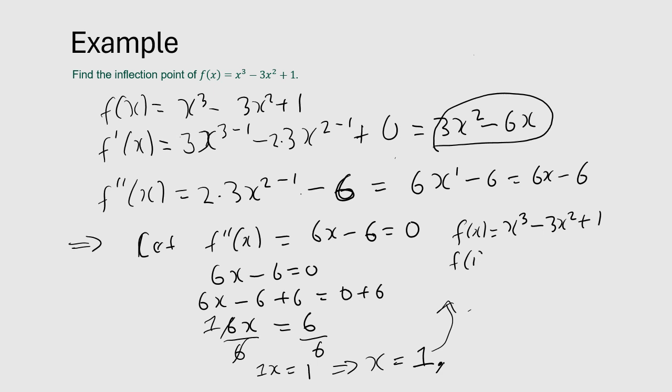So f of 1 is 1 cubed minus 3 times 1 squared plus 1. This is 1 minus 3 plus 1. 1 minus 3 is minus 2, plus 1 is minus 1. So the point of inflection is at x equal to 1 and f of x equal to minus 1.